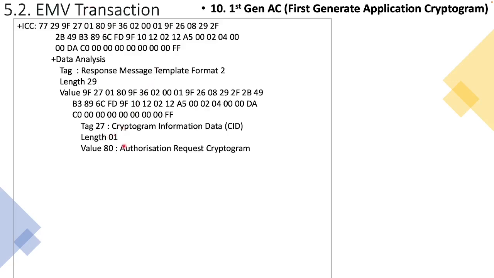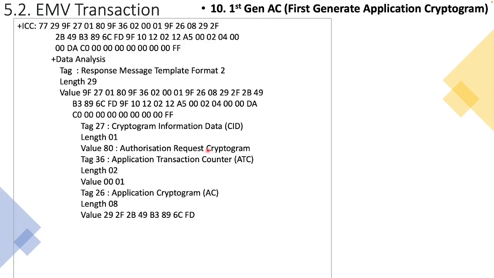So 9F27, that's your cryptogram information data. It looks like I fixed the slide here, so it's slightly different from the previous one. We have spotted the error, but in any case, the card has responded with an 80, which ties up with what the terminal asked for, and an 80 is an authorization request cryptogram.